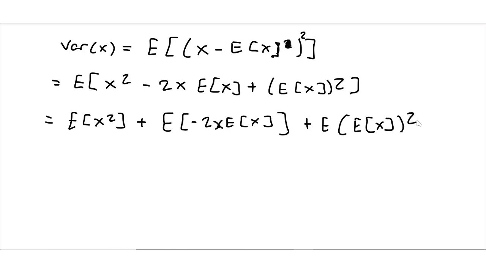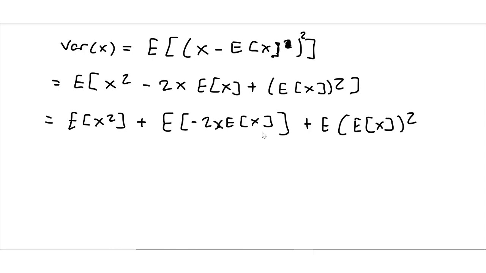This is because the linearity of expectation means that if we've got a sum inside an expectation, we can separate it out into the sum of the expectations of each individual part. The other part of the linearity of expectation tells us we can take out constants as well, which is nice. And the expectation of X is actually a constant.